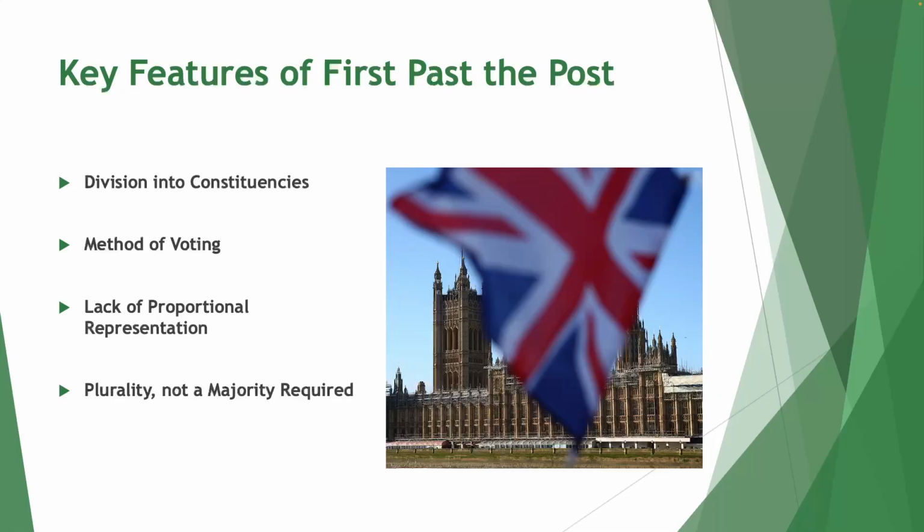Another example is, of course, as I've mentioned already, that no majority is required. A candidate only needs to get more votes than anybody else. And so even if this is not a majority, they can still win that particular seat. And it is very likely that in a constituency where a number of political parties are all vying for that seat, the candidate that wins doesn't even win more than 50% of the vote.